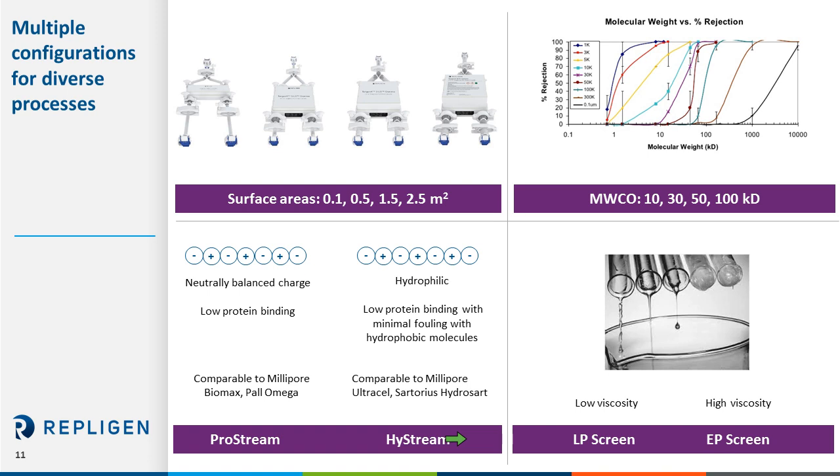Two types of membrane chemistry are available, both based on modified polyethersulfone. Our ProStream membrane has been modified to be neutral charge, and our HighStream membrane has been modified to be highly hydrophilic. Additionally, we offer two different channel configurations for both low and high viscosity applications. With our high viscosity screen, we can address applications such as high concentration of mAbs up over 200 mg per mL.